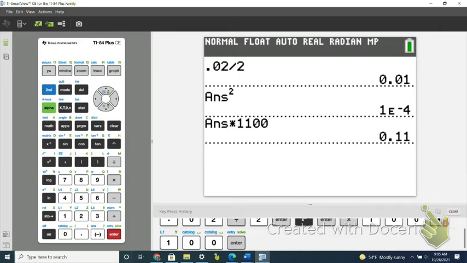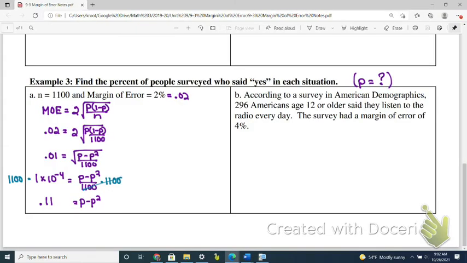So if I go back to the paper, notice this is now a quadratic. And I want to move all of this over to the other side because I want my p squared positive. So it's going to become p squared minus p plus 0.11 equals 0.